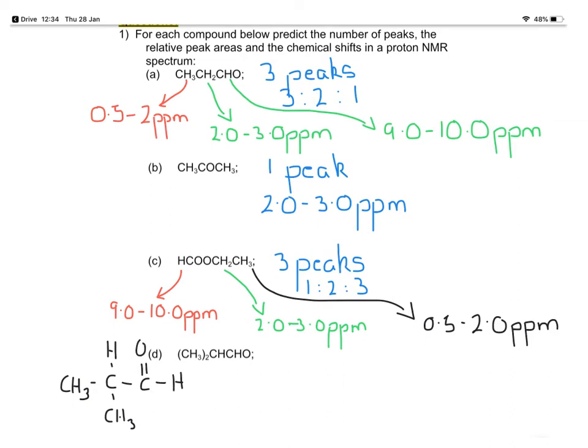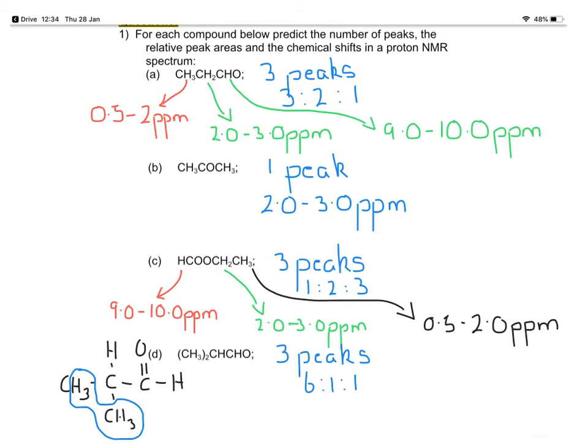So I can clearly see that it's an aldehyde and I'm looking to see about groups of equivalent hydrogens. I can clearly see that these 3 hydrogens are joined to this exact same thing as these 3. So those 6 hydrogens are equivalent. So I'm going to expect in the spectrum for this molecule that there will be 3 peaks, and the 3 peaks will be in the ratio 6 to 1 to 1.